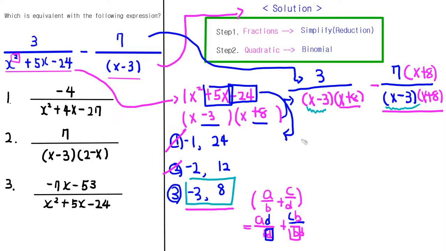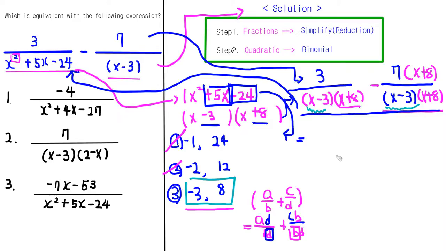And then we don't have to write the same denominator again, because they already share one. But instead of writing a binomial one, unless they mention it, we can just expand it into a quadratic one here, which is going to be equal to x squared plus 5x, so x squared plus 5x minus 24.